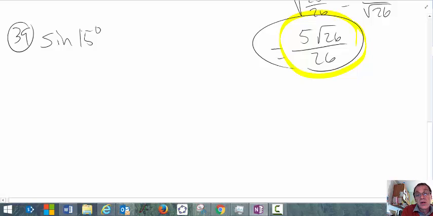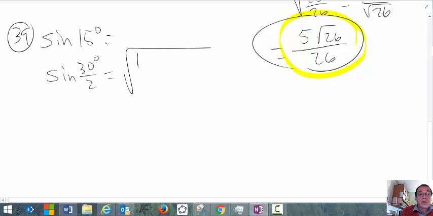Now 15 degrees is in quadrant 1, so although this says plus or minus, we know that every one of these answers is going to be positive. So that is equal to the sine of 30 degrees over 2. And our formula is going to take advantage of that by saying 1 minus the cosine of 30 degrees over 2 to get the sine.